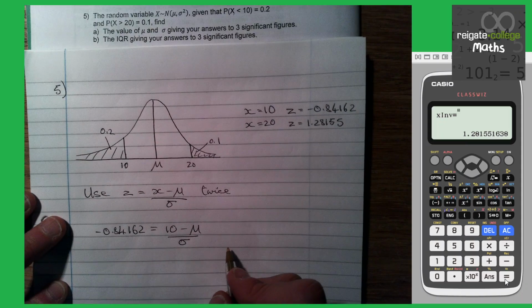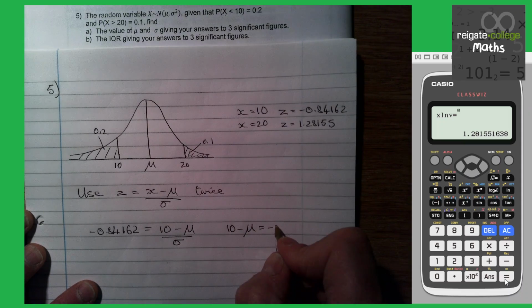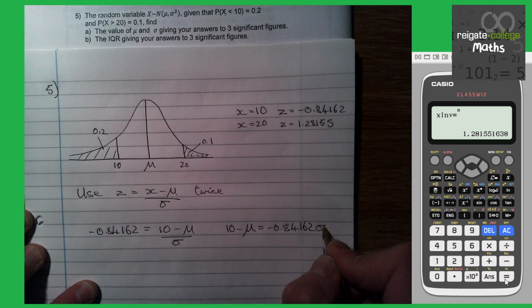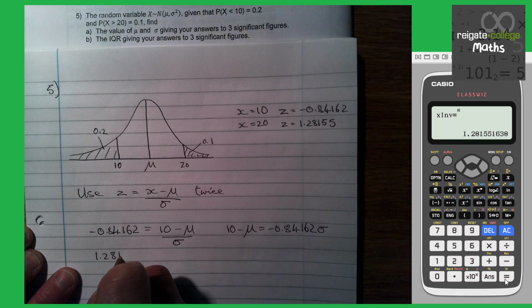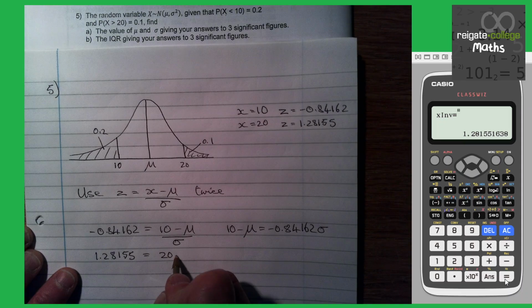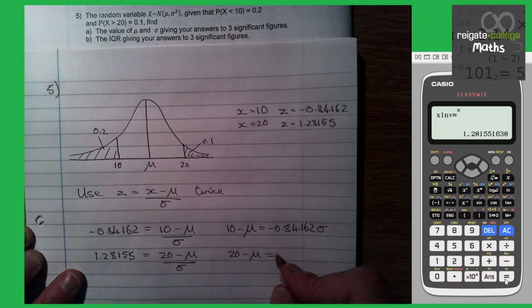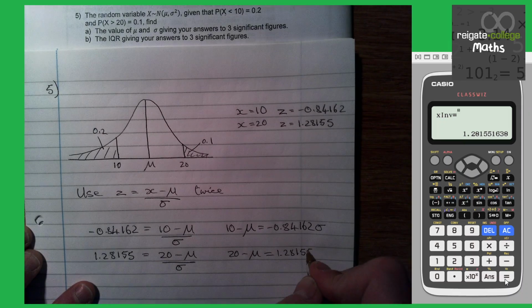So that means 10 minus mu is equal to minus 0.84162 sigma. For the second one, we've got 1.28155 is equal to 20 minus mu over sigma. So 20 minus mu is equal to 1.28155 times sigma.